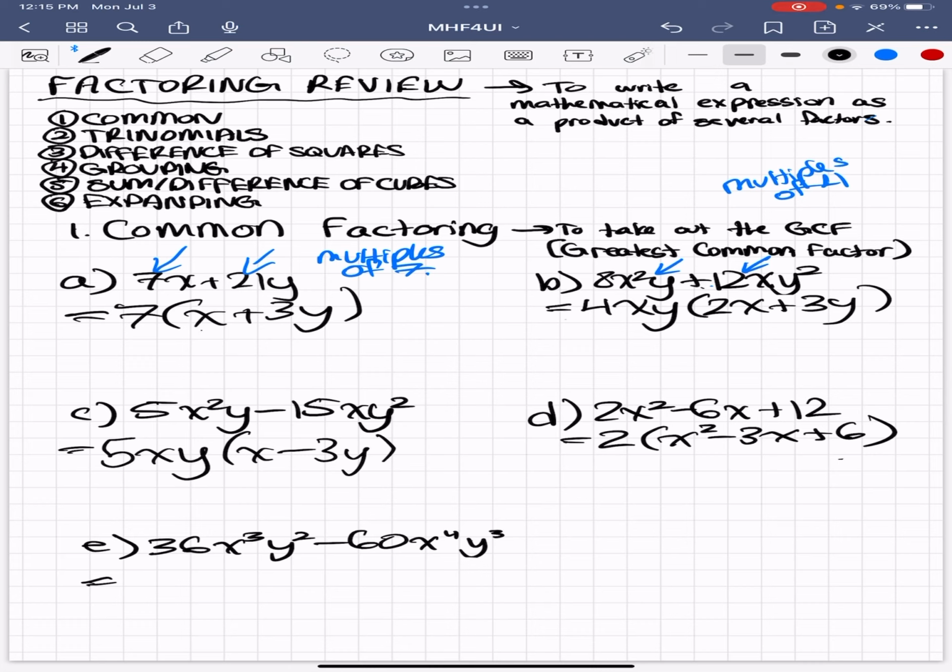And then we have 36 x to the power of 3, y to the power of 2, minus 60 x to the power of 4, y to the power of 3.